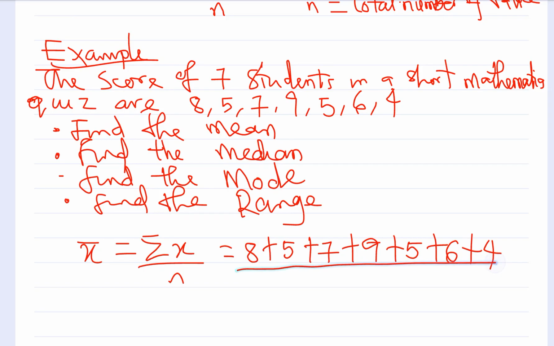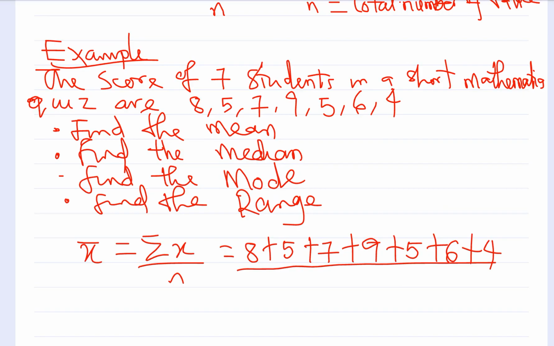Alright, so add that together. 8 plus 5 is 13. 13 plus 7 is 20. 20 plus 9 is 29. 29 plus 5 is 34, plus 6 is 40, plus 4 is 44.